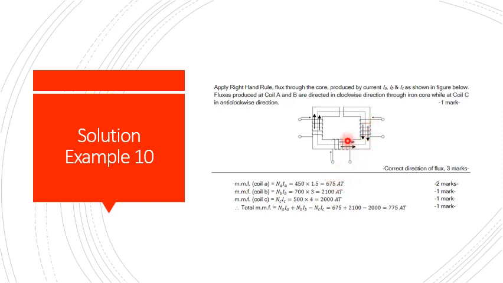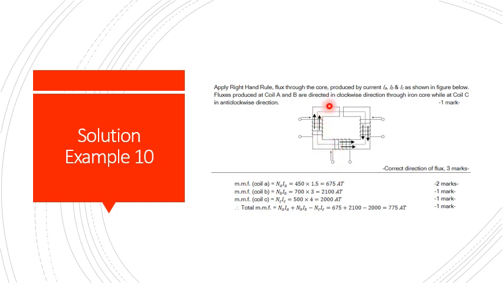And for the C coil, when the current is injected here, the flux direction is to the right side.